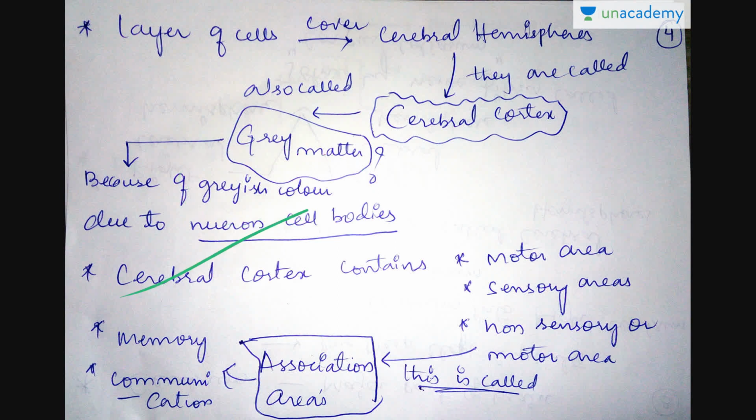Cerebral cortex contains motor area and sensory area, and apart from that it also contains non-sensory or motor area. This non-sensory or motor area is called association area. This helps in memory and communication processes.